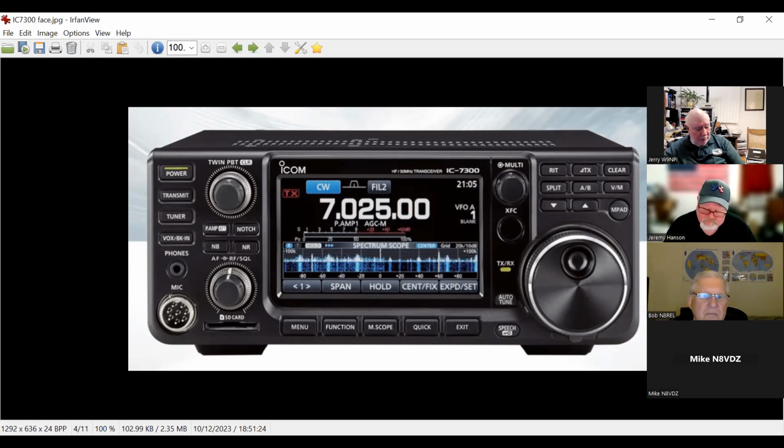You can even Google it. It's called a band plan, and you can look up the US band plan and get nice color charts for what's out there.